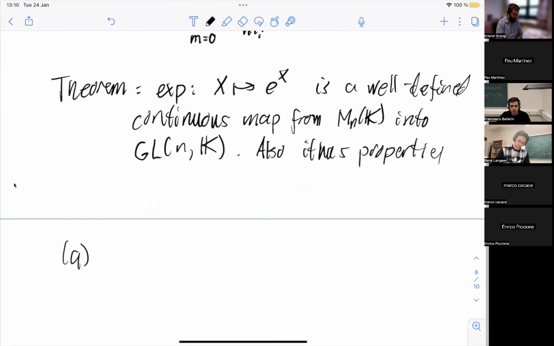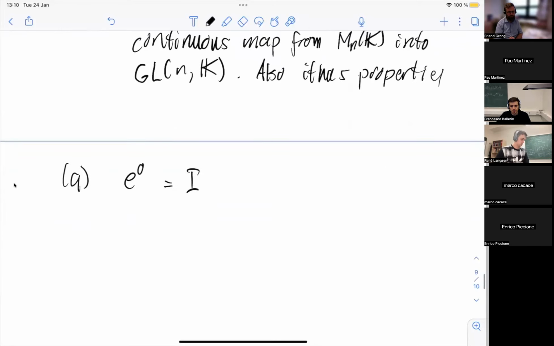A: if you take the exponential of 0, you get the identity matrix, which is again true for the normal exponential. If you take 0, you come to 1.